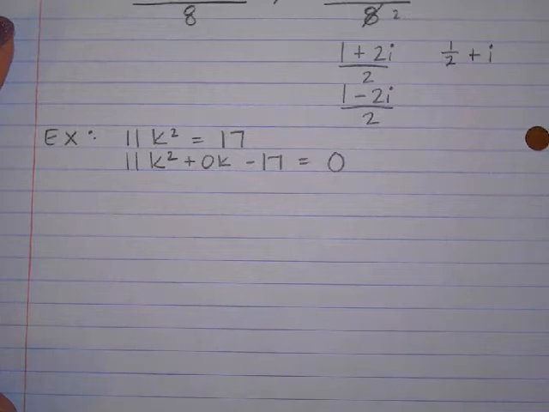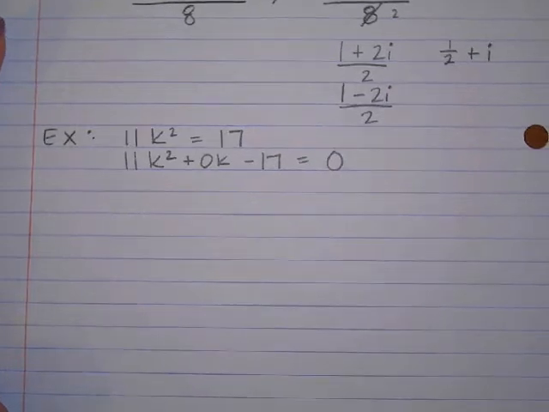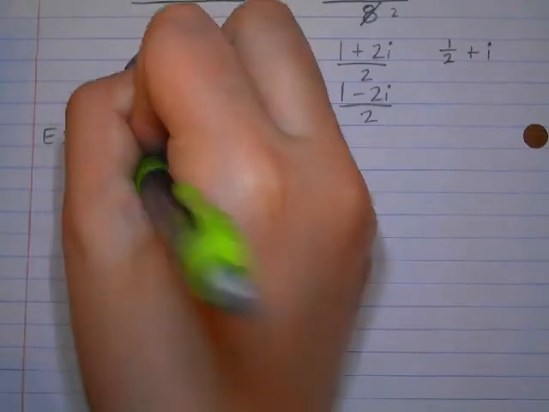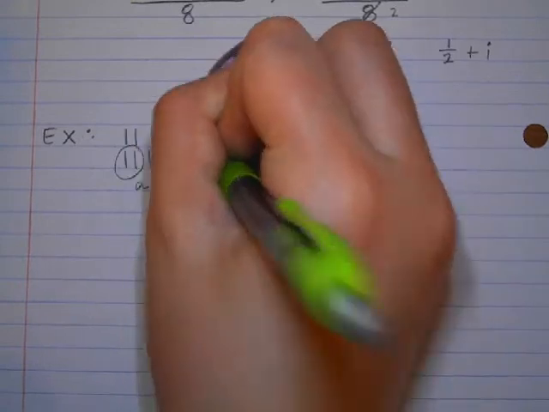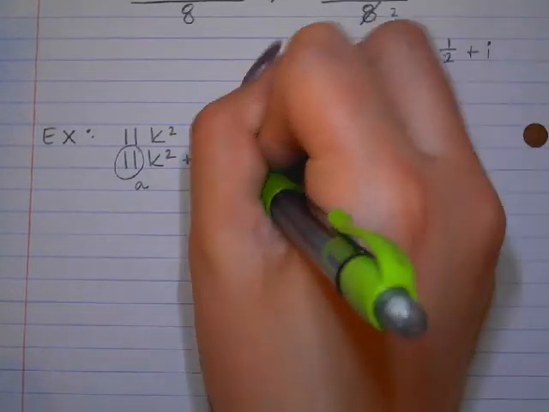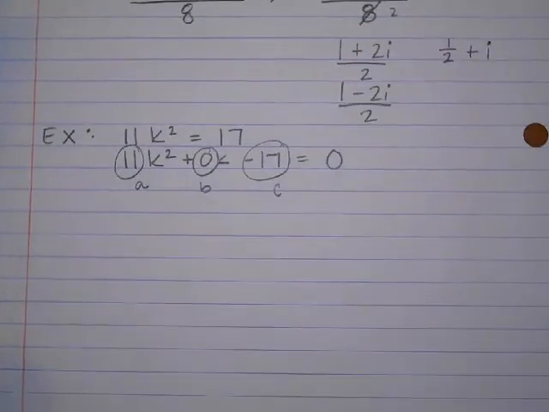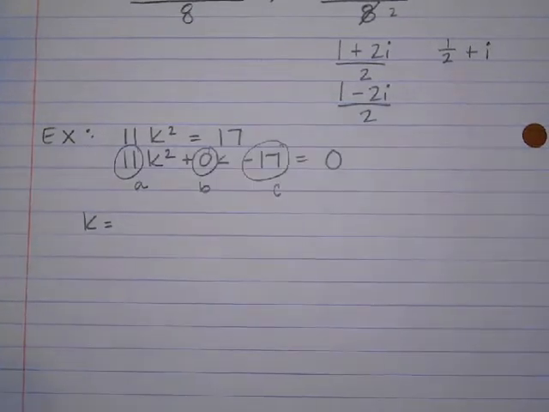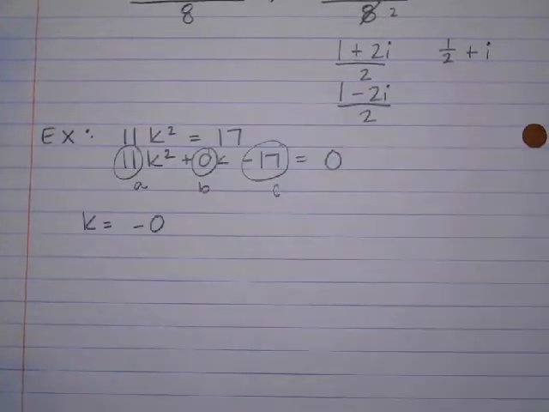All right, so this is A, this is B, this is C. And we get k equals negative 0 or 0, which is the same thing, right?